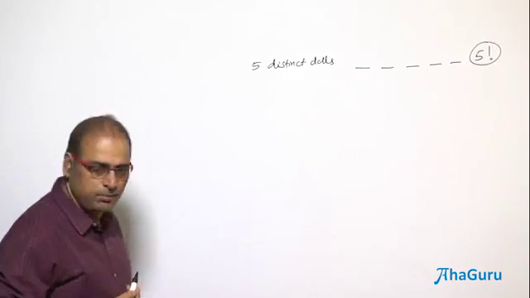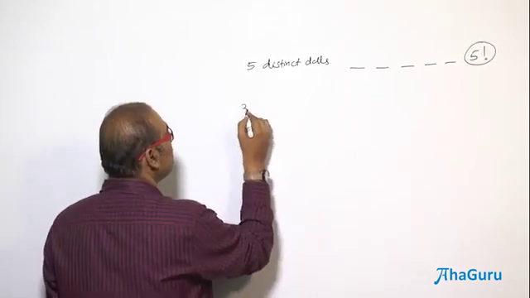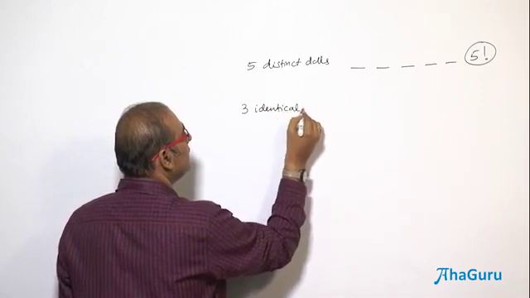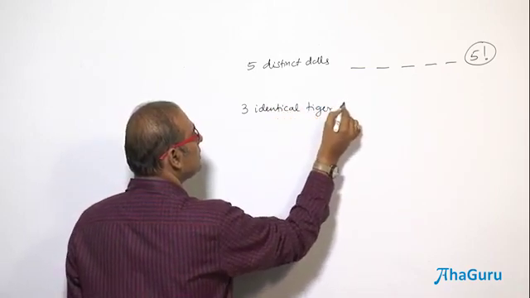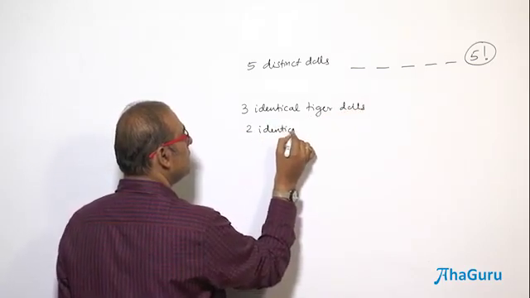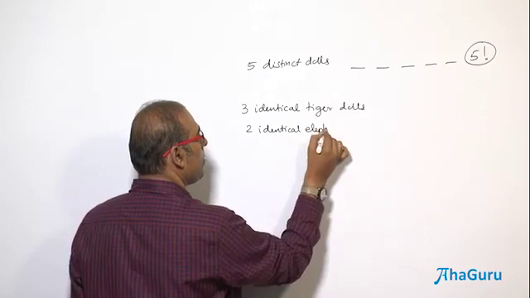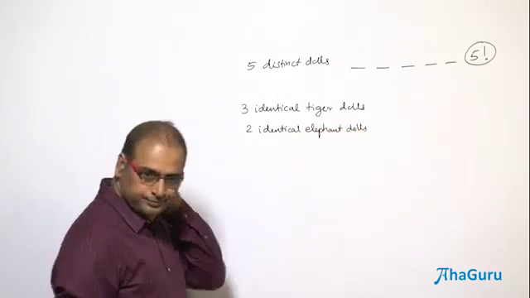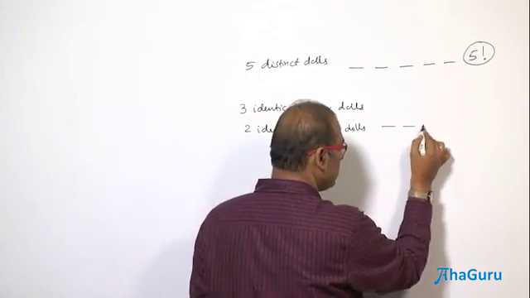This is linear permutation. Suppose I have 3 identical, say, tiger dolls, and 2 identical, say, elephant dolls. They are identical, and my placing also is going to give me the visual.